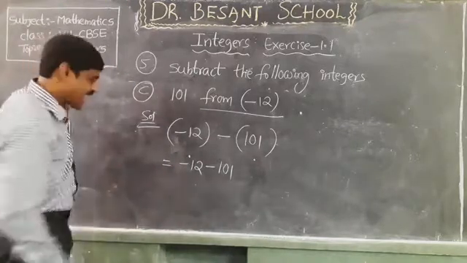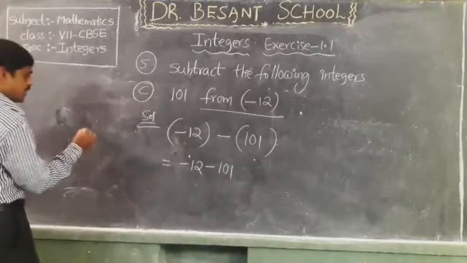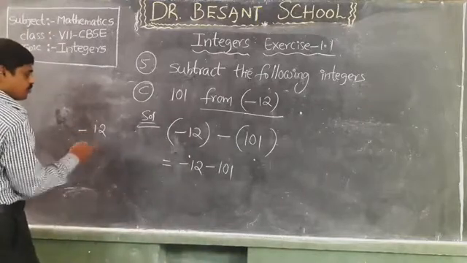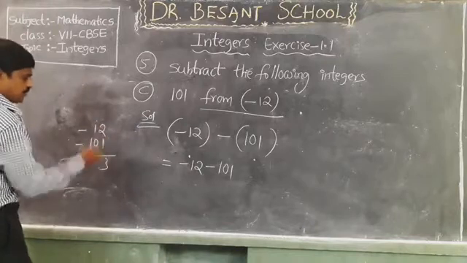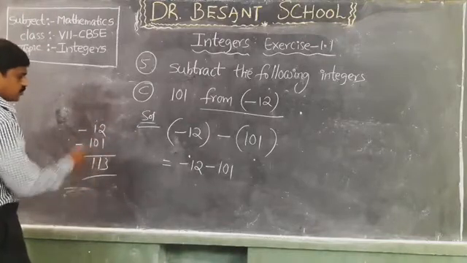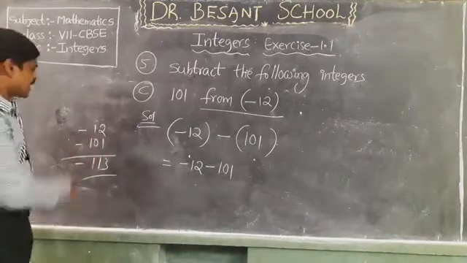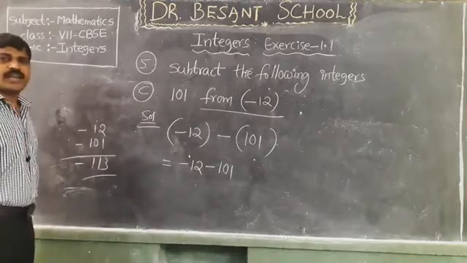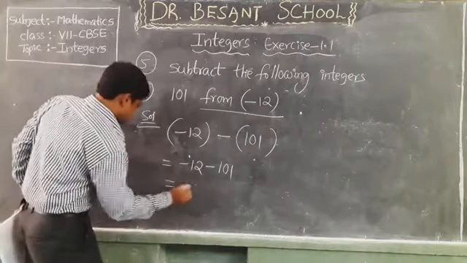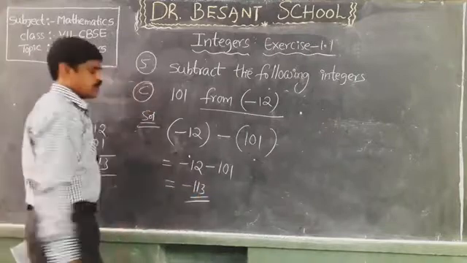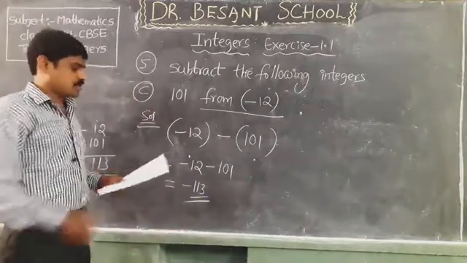Minus 12 minus 101: 1 plus 2, 3. 1 plus 0, 1. 1. Both are having the same signs, so the same sign will be the result. So minus 113. Minus 113.